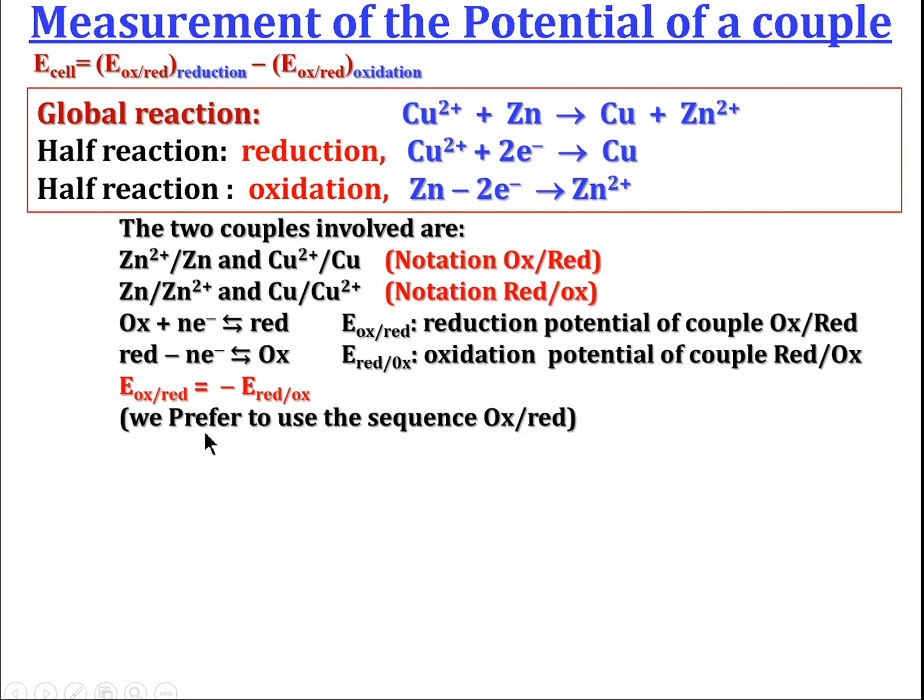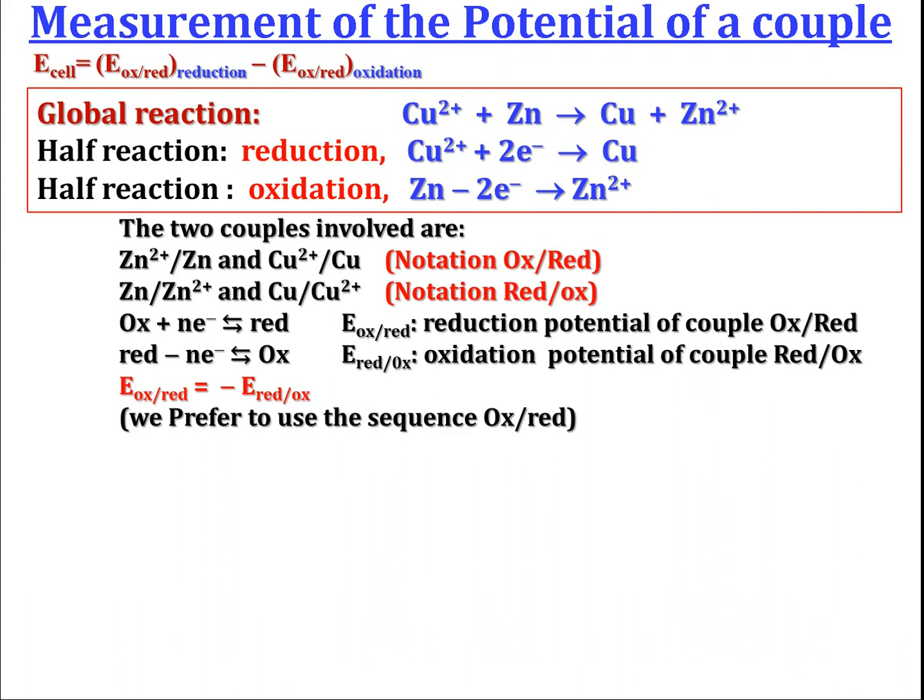But in electrochemistry, we prefer to use the sequence ox-red. This is similar to the Ka and Kb of the acid-base couple. A couple acid-base is characterized by Ka and Kb, and Ka of the couple and Kb of the same couple are related: Ka times Kb equals Kw.